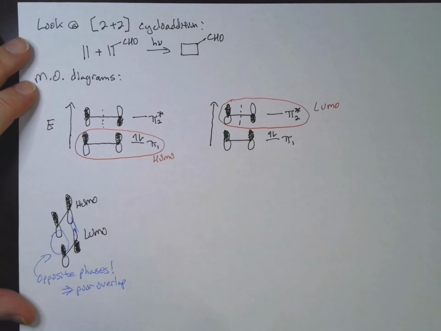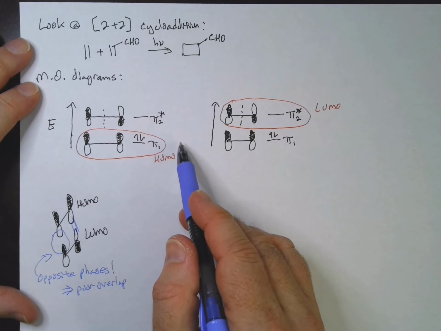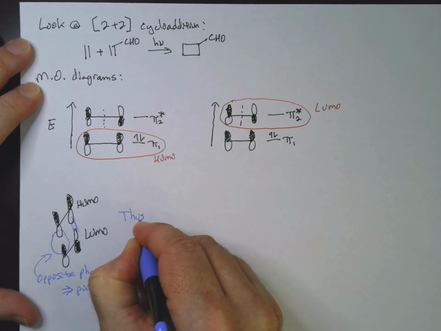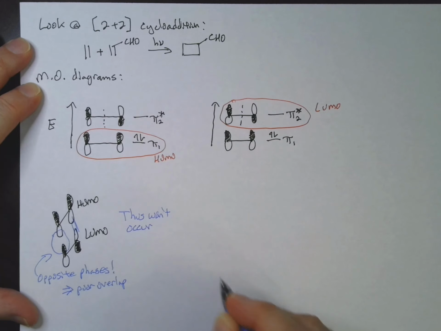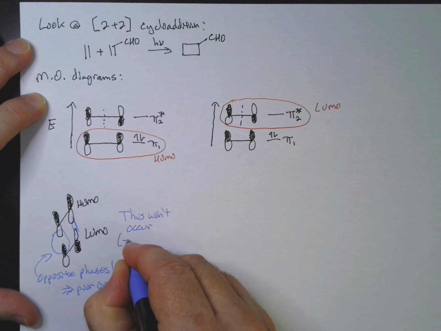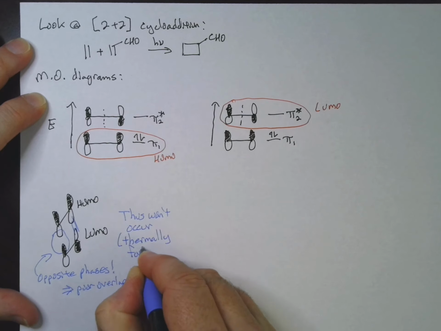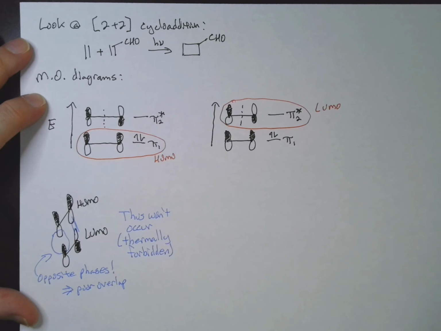Okay, so that is bad. So this is why this reaction will not occur. And we say it's thermally forbidden. So we have to do something else.